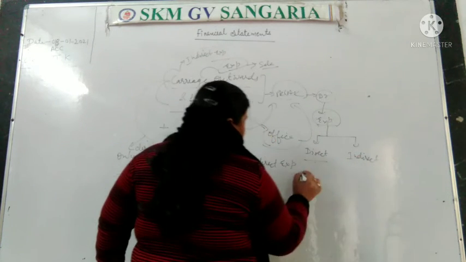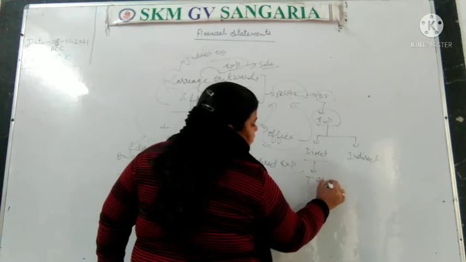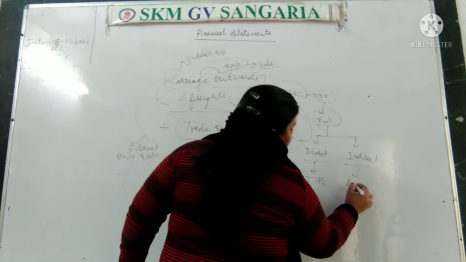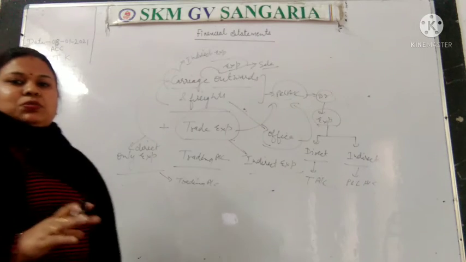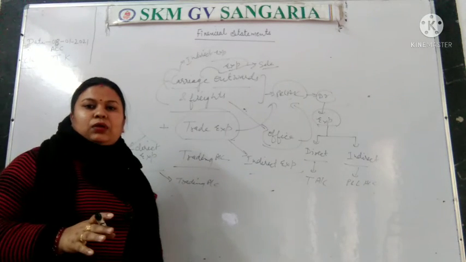And the direct expenses are part of trading account and the indirect expenses are part of P&L account. Like this we can make the difference between the trading and the P&L account also.